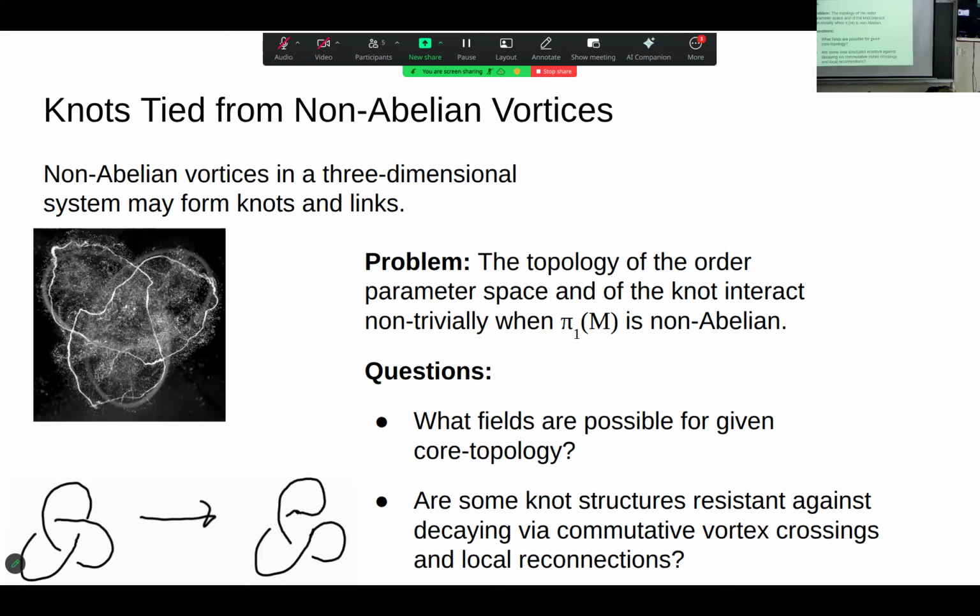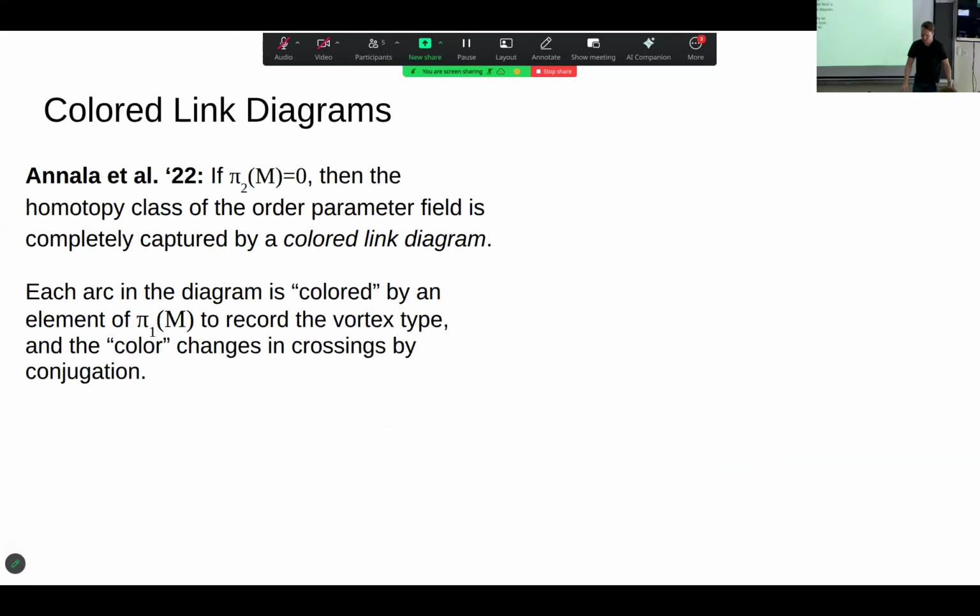So the knot fixes where the singularity is, and now you're interested in what the different fields around it are. And the first question has a very nice solution. In this assumption, you have to look at the higher homotopy groups a little bit. It's not so important what it is, but this condition is satisfied for spin 2 BEC and also for these exotic liquid crystals.